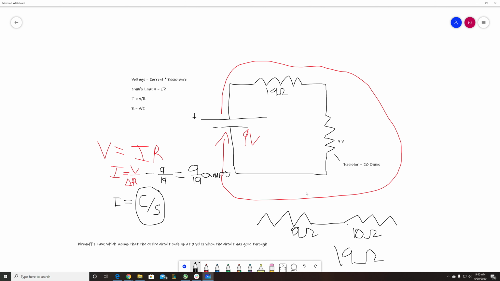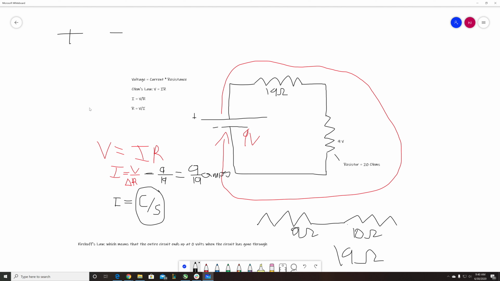Coulomb itself is a measurement of charge, basically of electrons. In an atom there are electrons and protons, which have positive and negative charge, and there's a specific way to measure the charge of them, which is measured as coulombs.